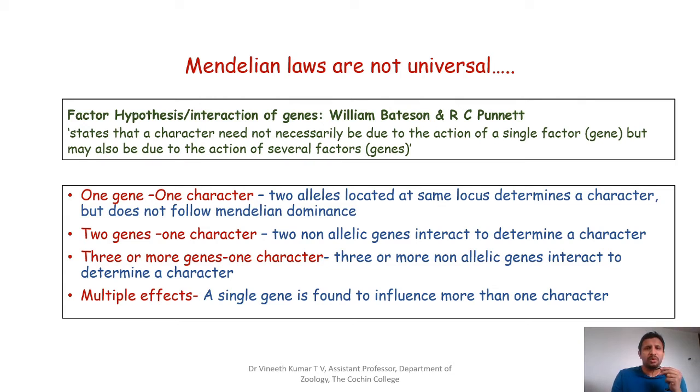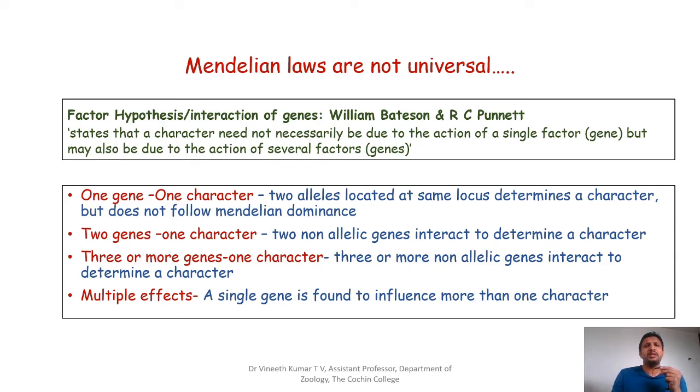Coming to the second one, which is two genes and one character. This is a non-allelic interaction. The first one was an allelic interaction, the interaction between two alleles as stated by Mendel, but they behave differently from the Mendelian dominance.